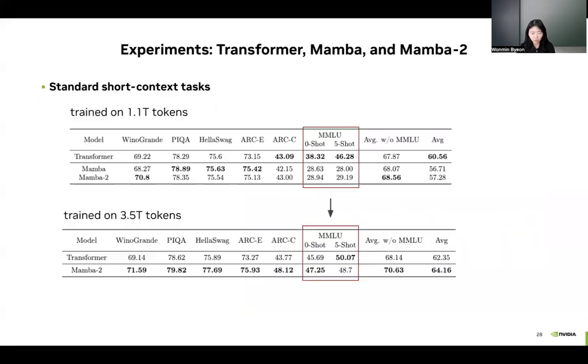And for this task, another thing we tried was that initially, we trained the model on 1.1 trillion tokens, and what if we keep training? So we trained a new model with 3.5 trillion tokens. Then we found that it improved for both transformers and the Mamba models.